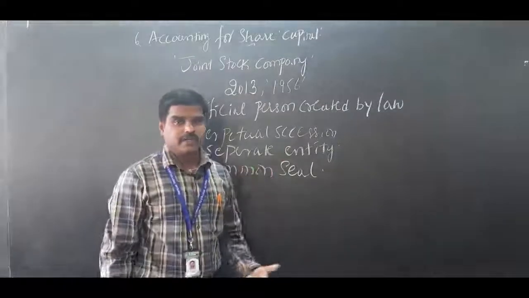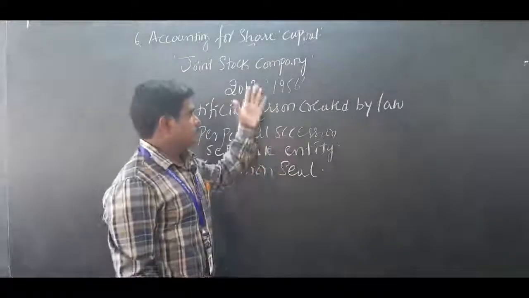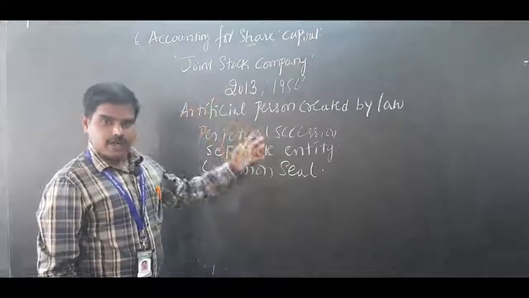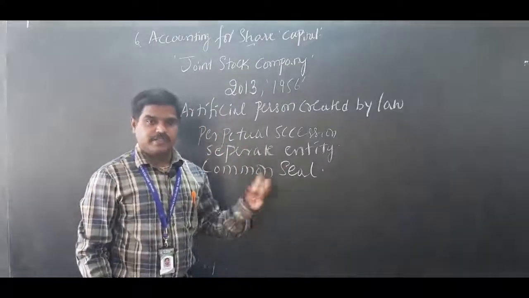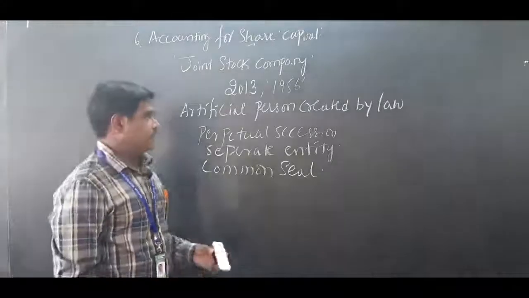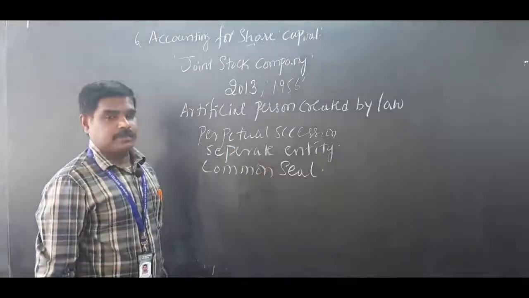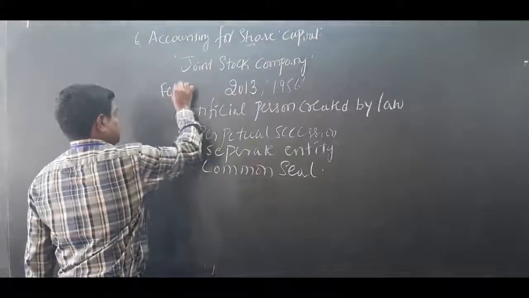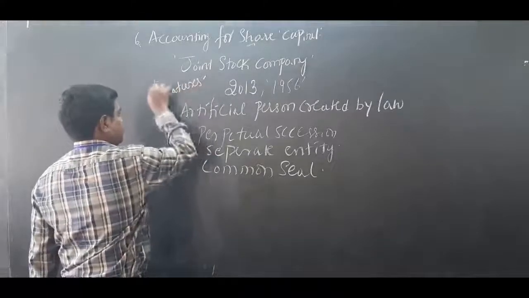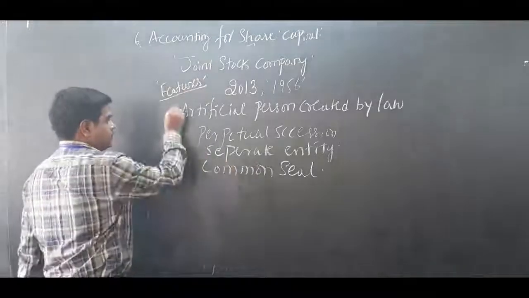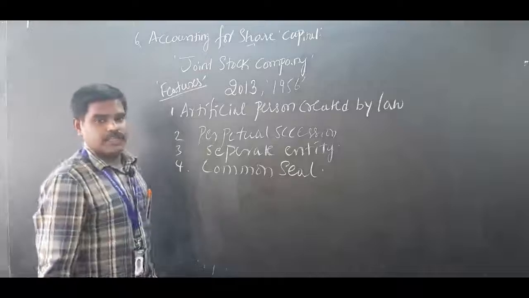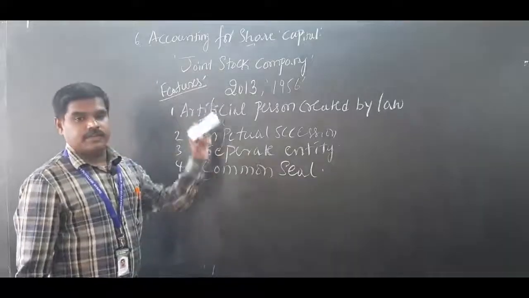That's what you have learned in the first PUC. Here also I have written some of the features of joint stock company. What is this artificial person created by law? Features of joint stock company: already four features are there on the board, in the definition only features are there.